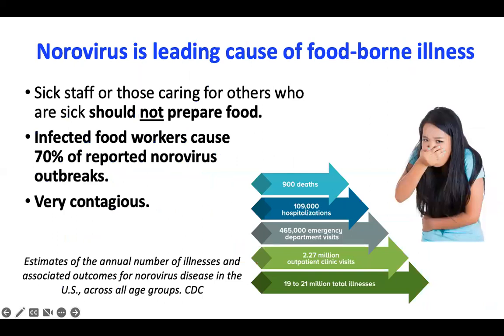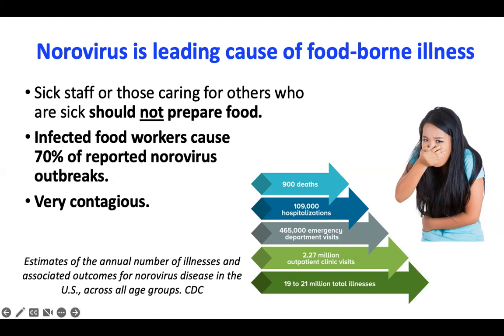Norovirus is the leading cause of foodborne illness in the United States. It causes 58% of the foodborne illnesses acquired in the nation. Each year, foodborne norovirus illness, or stomach flu, in the United States costs about $2 billion, mainly due to lost productivity and healthcare expenses.